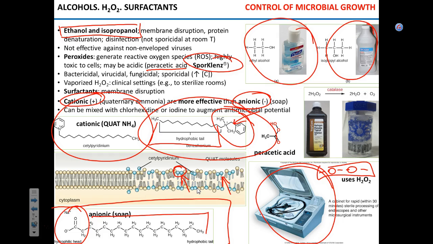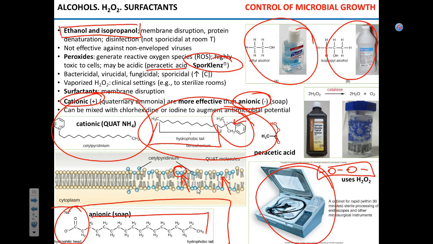Can we move on? How effective are they? They are by no means sterilizing, they're disinfecting. So they actually have two modes of action. They can disinfect, and they also can help you mechanically remove the contaminant. Does that make sense?